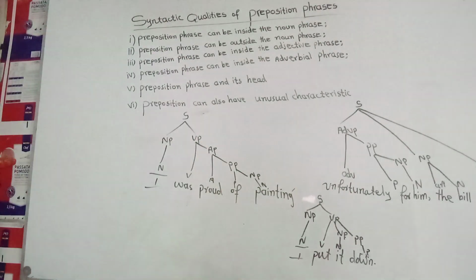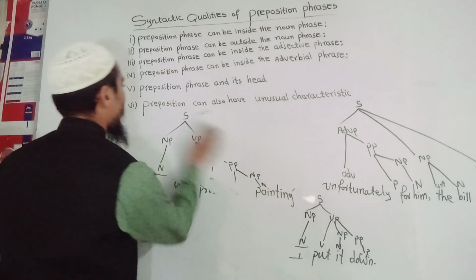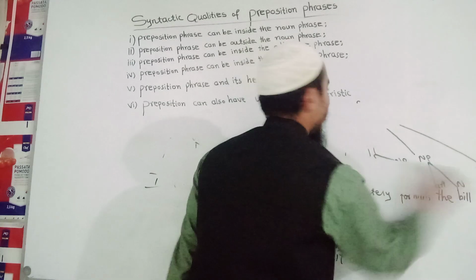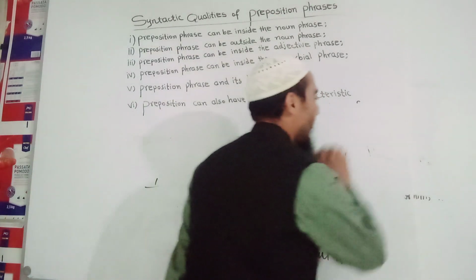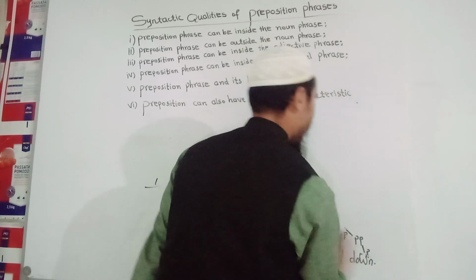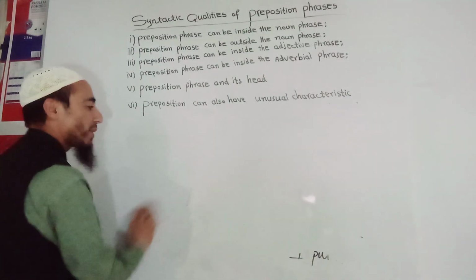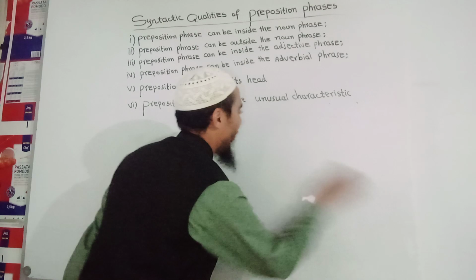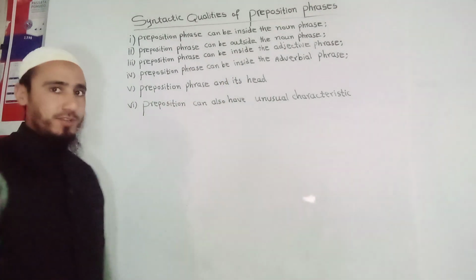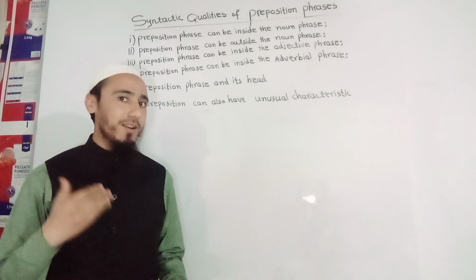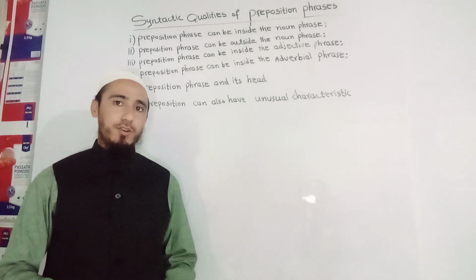And I'm going to explain just the last point about the preposition. The most important and unusual characteristic of a preposition is that one preposition can be followed by another preposition. In other words, a preposition can also be found inside another preposition.